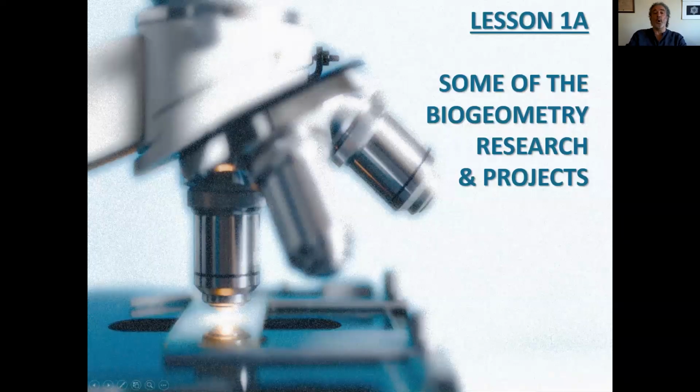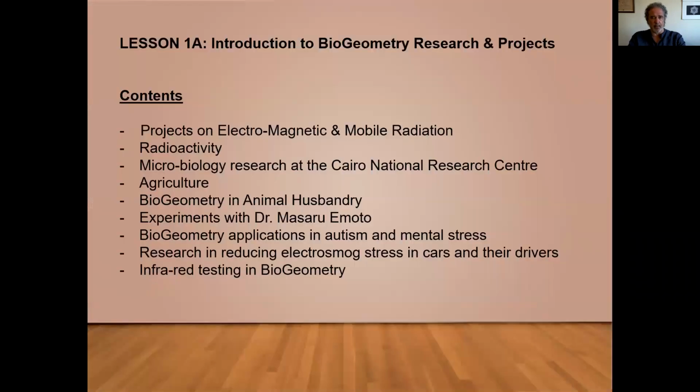So, lesson 1A, some of the biogeometry research and projects. Essentially, we're going to be looking briefly at these sections: projects on electromagnetic and mobile radiation, radioactivity, microbiology research, agriculture, animal husbandry, mention of the experiments done with Dr. Masaru Emoto, biogeometry applications in autism and mental stress, an extremely important section, research on reducing electrosmog stress in cars and their drivers, and something about infrared testing in biogeometry.